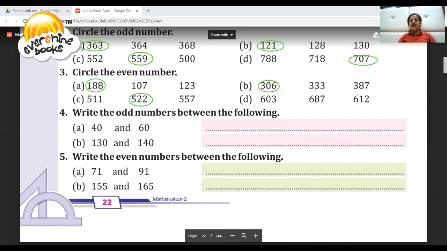Yes. Next is 603, odd because 3 is at one's place. Yes. 687 is also an odd number because 7 is at one's place. 612, it is an even number. We are going to circle it like this.